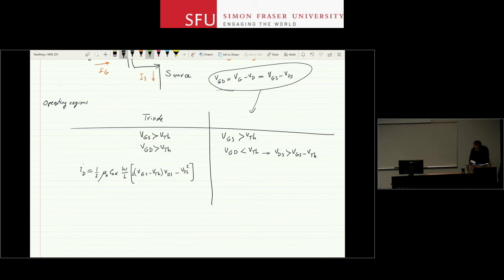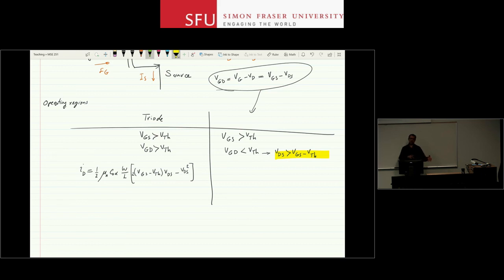Same thing, right? When we say VGD is less than VTH, we don't have a channel at the drain end. What it turns out in terms of VDS is that VDS is larger than VGS minus VTH. We use this second equation in circuit analysis more than the first one, and the reason for that is that we'll see that the drain end is sometimes, or most of the time, your output, and you know the voltage at that output node.